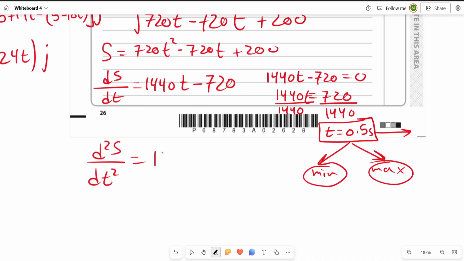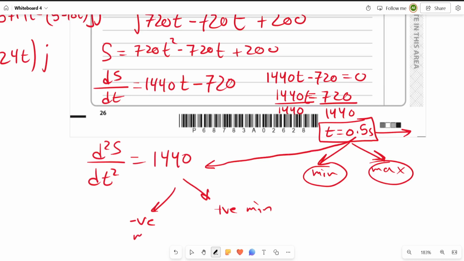So this is just going to give me 1440. And the rule tells me that I will substitute the t that I'm trying to test, if minimum or maximum, inside the second derivative. If the answer is positive, then it's a minimum. If the answer is negative, then it's a maximum.